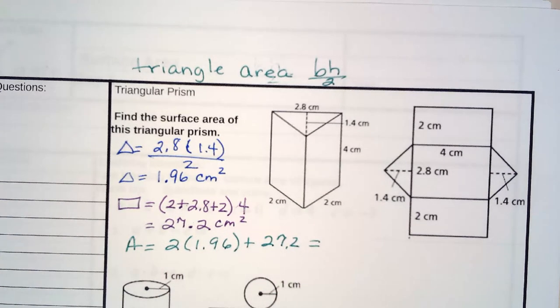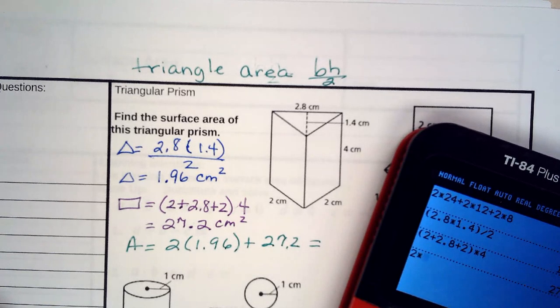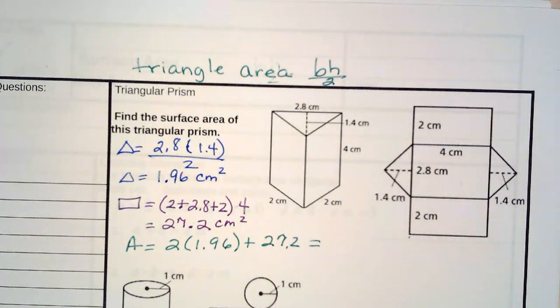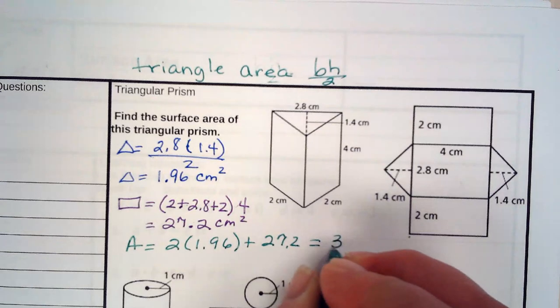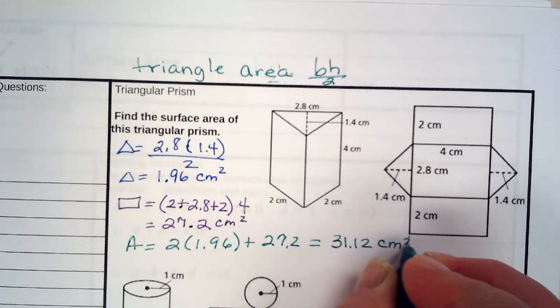So my total area is 31.12 centimeters squared.